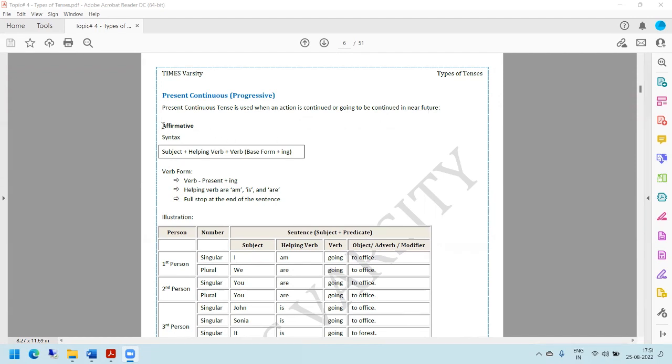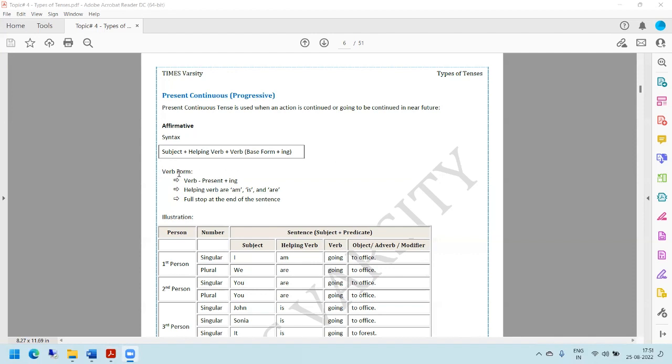First of all, we will look at affirmative sentences. What is the syntax for an affirmative sentence? It is subject plus helping verb plus verb in its ing form. Base form plus ing. That is our fourth form of verb.